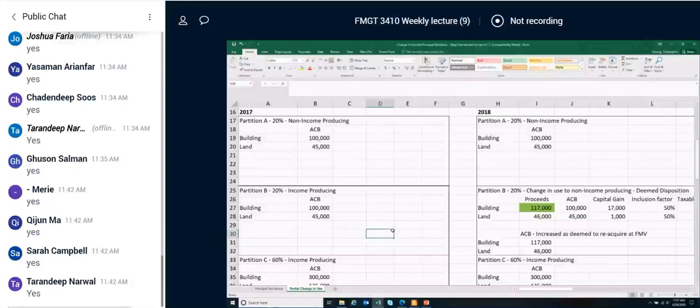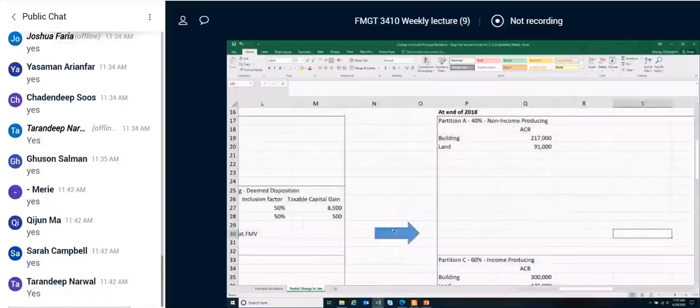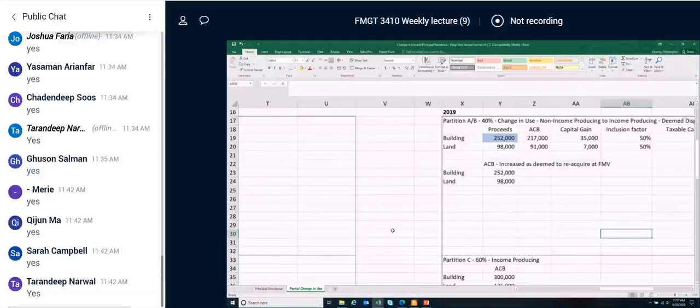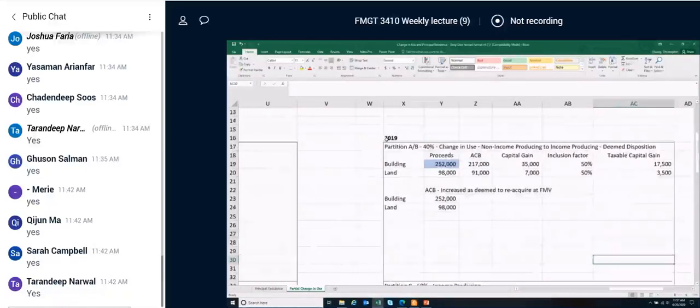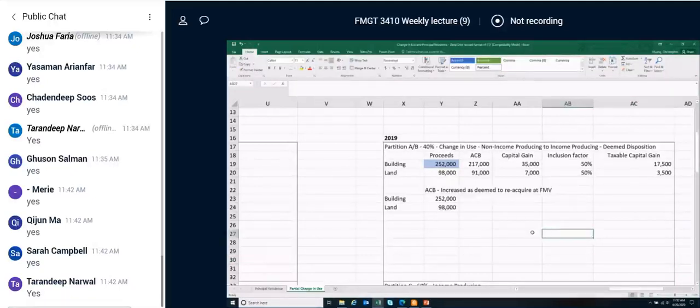So here, when I go through the change in use here, now there's an argument that maybe if this was my principal residence, maybe I could use principal residence exemption to exempt the gain. Okay. But typically in the homework, we're going to ask you to ignore principal residence for now because we just want you to focus on the mechanics of the partial change in use because it gets complicated. Okay.